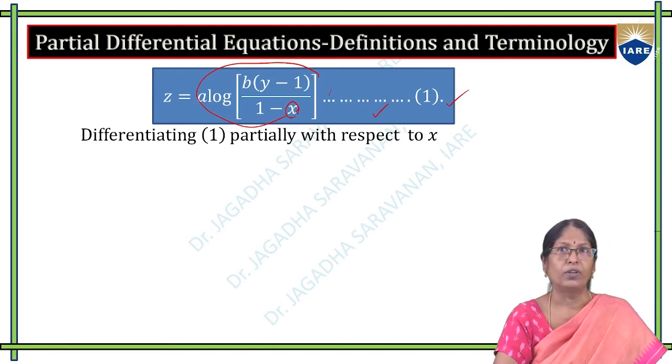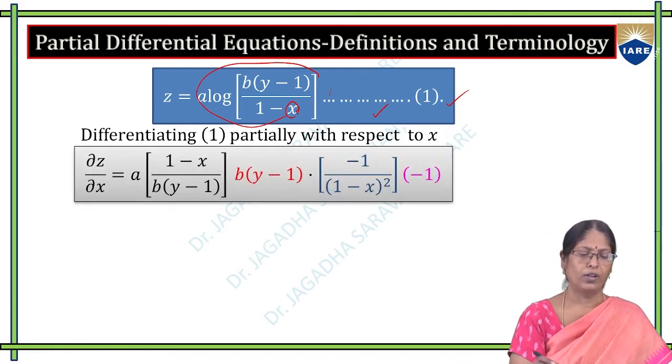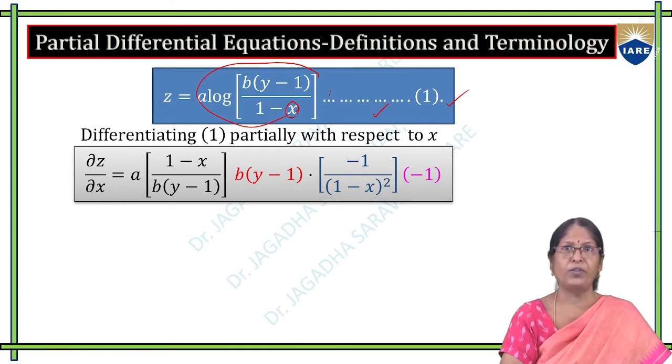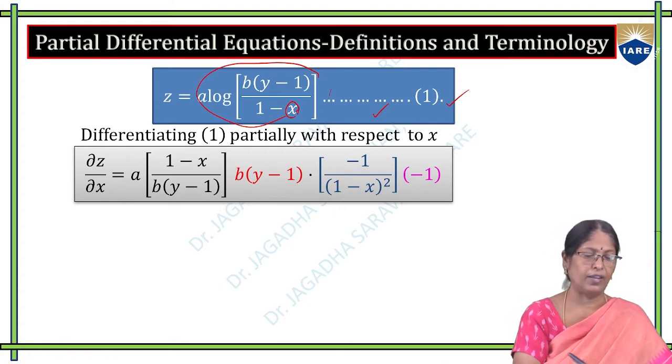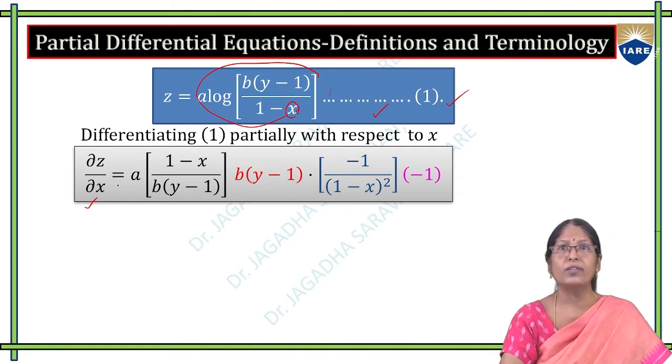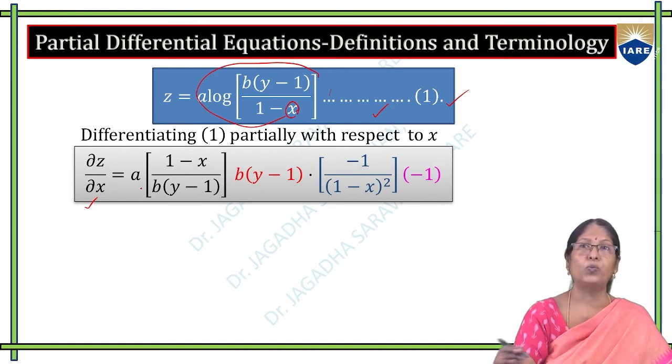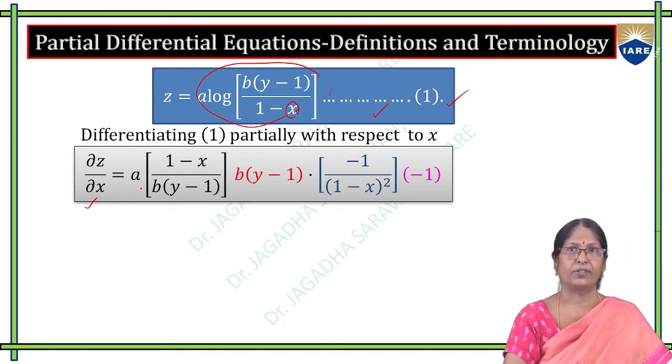What remaining, which one we have to consider, which one we have to neglect, that we have to see now. So it is beautifully animated: the left side is dou z by dou x, which is equal to the a which we have written as it is.